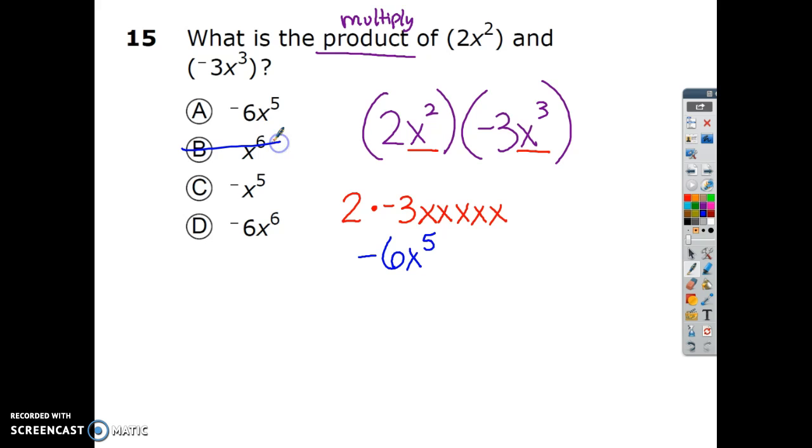It's not B and it's not C, but look how they're going to trick you on D. If you don't expand, some of you are going to think that you multiply these two, and that's not what you're doing. You're going to end up with 6, and you're going to get the wrong answer. So that's why we expand, so you can remember that you're adding the exponents, not multiplying. The answer is A.